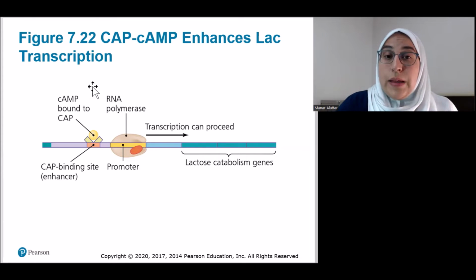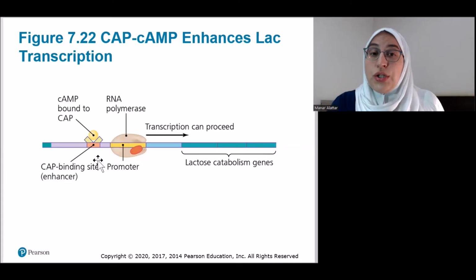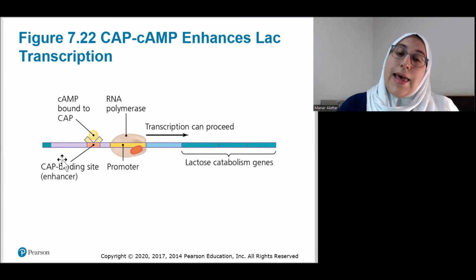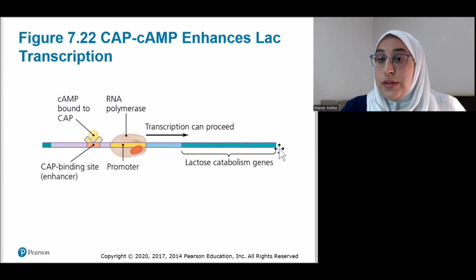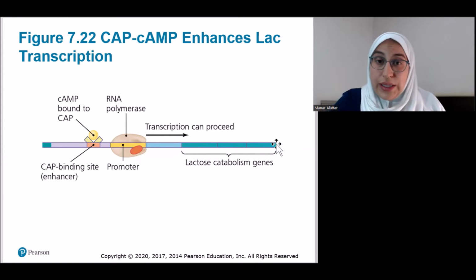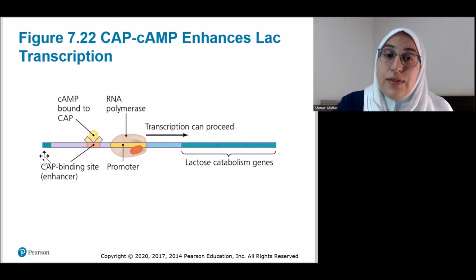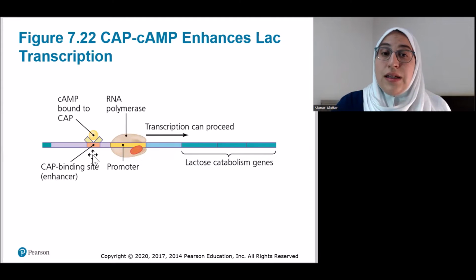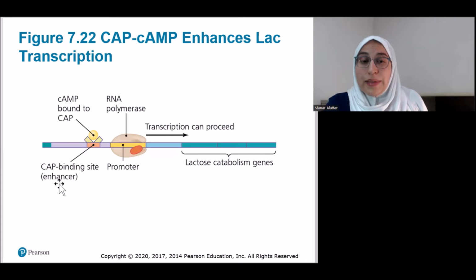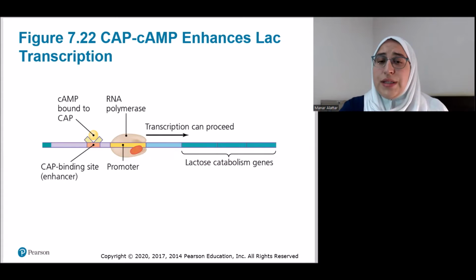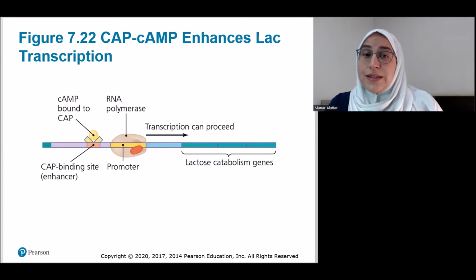And so cyclic AMP will actually then bind to a promoter site ahead of the lactose operon, the lac operon, on the DNA. So what you're looking at here is DNA, and those are the actual genes. And ahead of the genes, there is this site called the CAP site, which is the catabolite activator protein site.